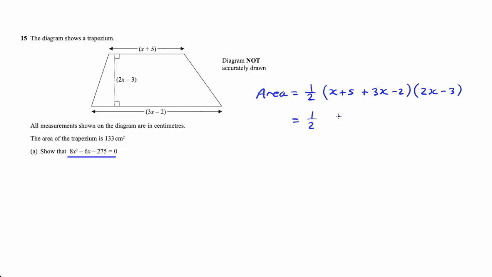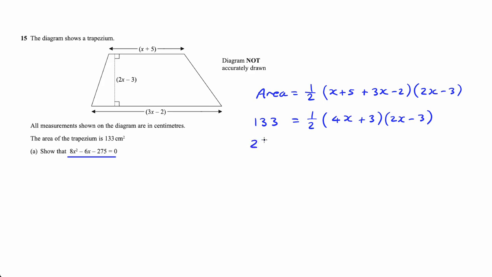Okay, that is a half. I'll put the half here, guys, and I'm going to do a half, x plus 5 plus 3x. So that's 4x plus 3 times 2x minus 3. And we know the area is 133, so I'm going to put in 133. Okay, next step, I'm going to multiply across by the 2.